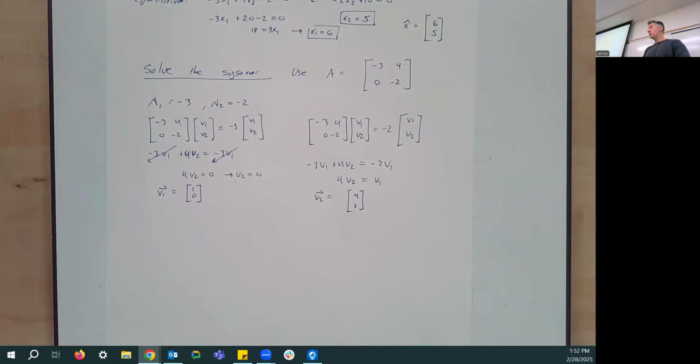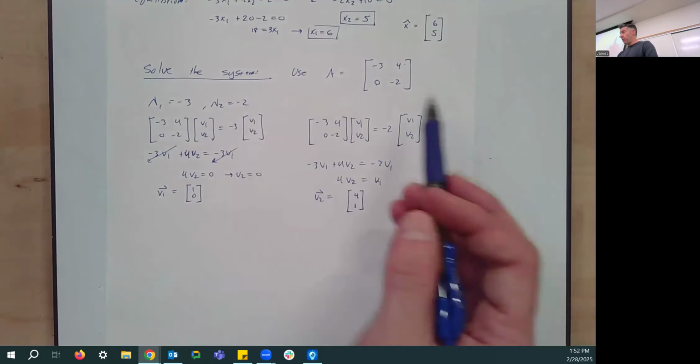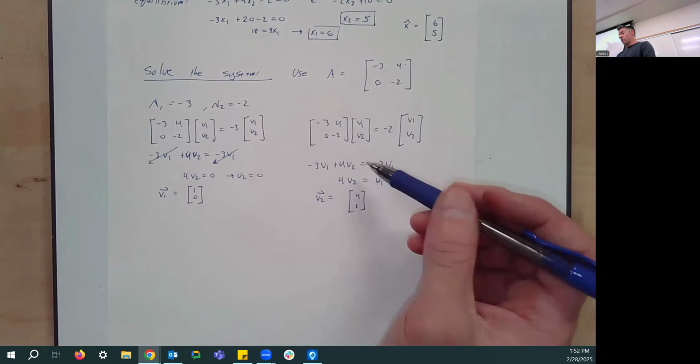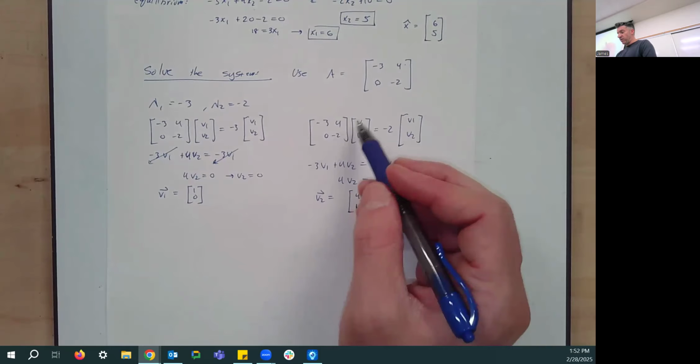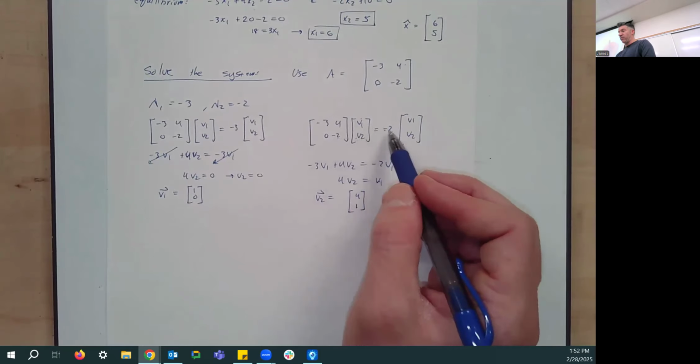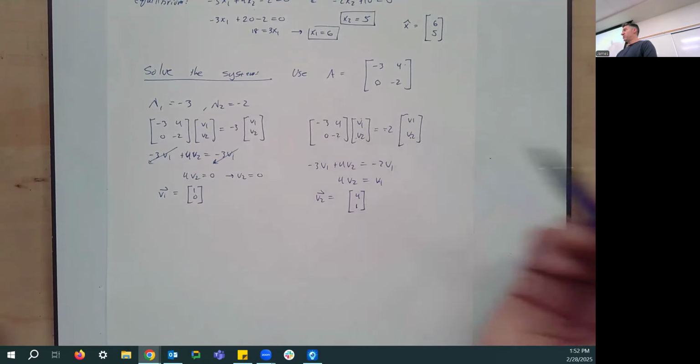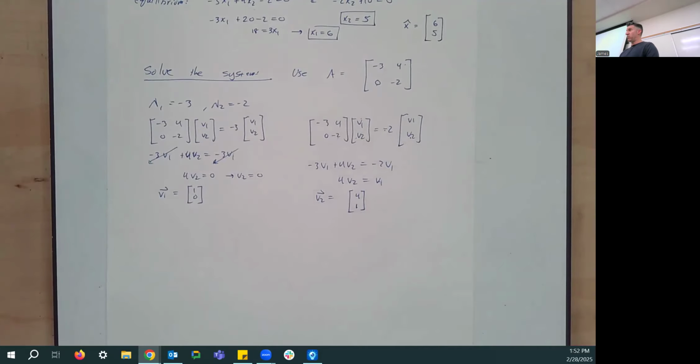I will mention that for the second eigenvector, if you use the second equation, it wouldn't have helped you. The second equation would have been 0 times V1 minus 2 times V2 equals -2 times V2, which just tells you that -2 V2 equals -2 V2, which doesn't help.